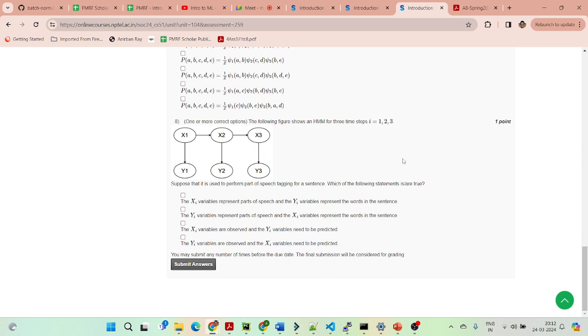Let me explain maybe. In NLP, one task is, given a sentence, like I am a good boy, to label each word. What is I? I is a pronoun. Good is an adjective. So this is a sentence, and each is a word.